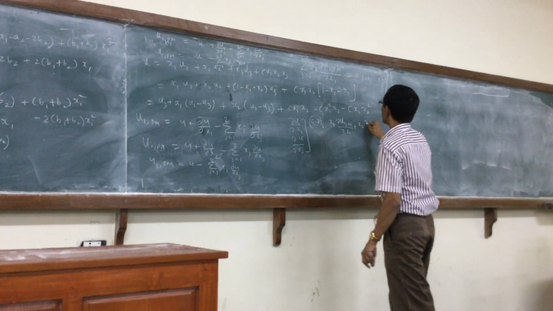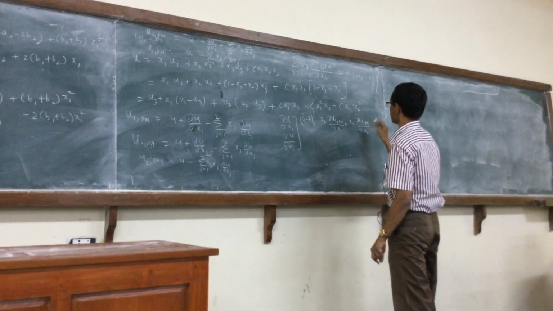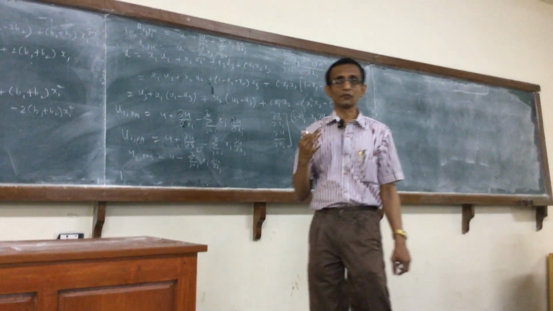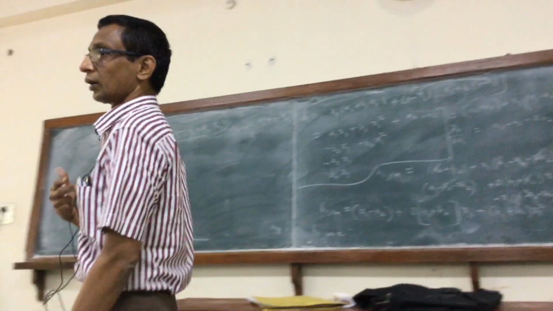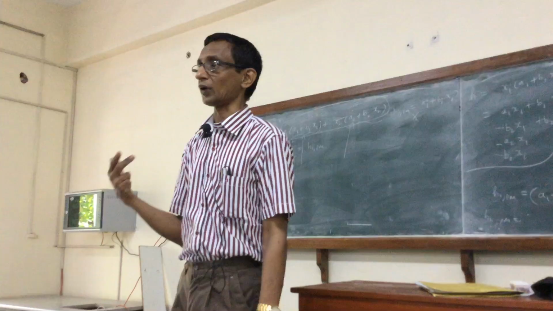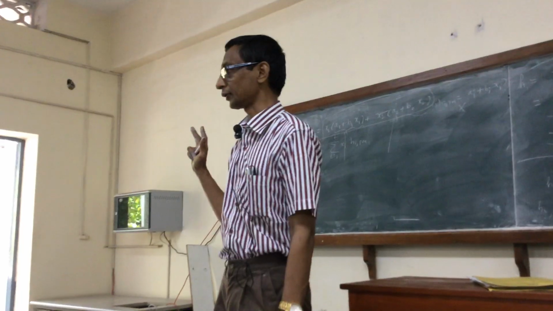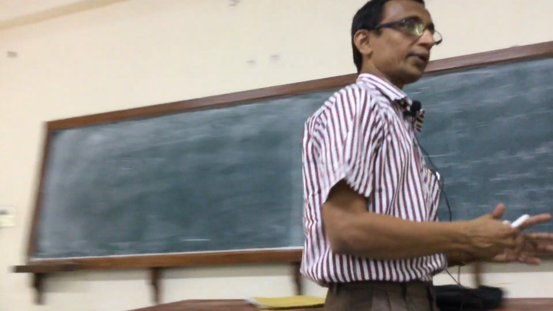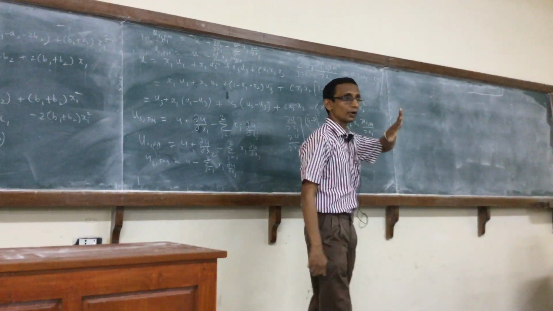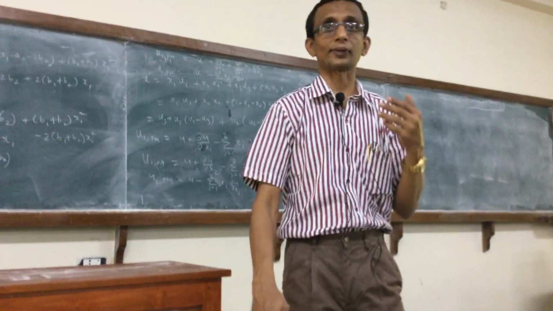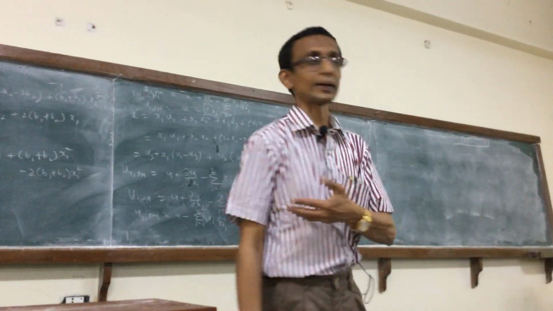So x2 du2 dm by dx1. It's important to remember, if you want to apply it correctly, that when we obtain the Gibbs-Duhem equation in terms of the n's, first we differentiate with respect to ni, and we get the i-th Gibbs-Duhem equation. So the first Gibbs-Duhem equation will always have x1. The same thing we did for the mole fraction, we differentiated with respect to z1, and then we get the first. Then z2 will get the second, and so on.